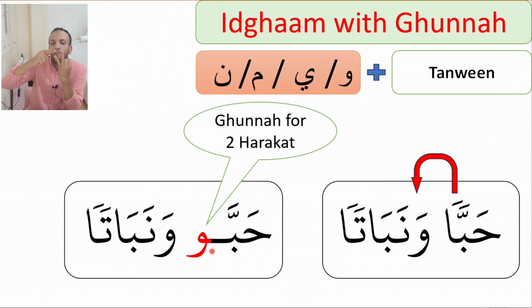Habban wa nabata. So I'm pronouncing the waw twice. In the first one, I am prolonging. Habban wa nabata. Okay.